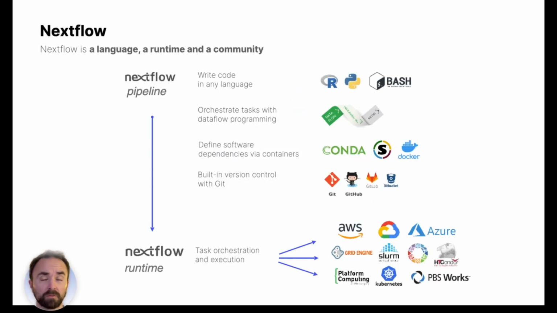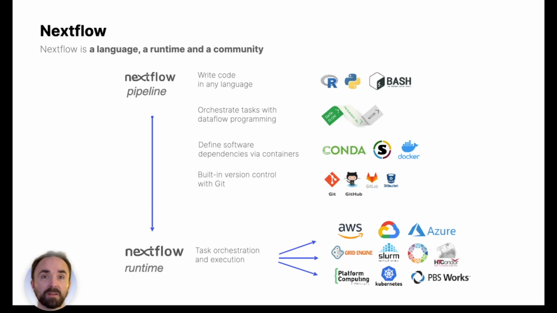So what is Nextflow? Nextflow is both a language, more specifically, a domain-specific language that is designed to allow you to write code in any language, be that R or Python or Bash, and orchestrate those pieces of small programs with the Nextflow data flow programming model. That is, data flows through the graph. It provides convenient tools for defining software dependencies in a variety of different formats, be that Conda or containerization technologies like Singularity and Docker.